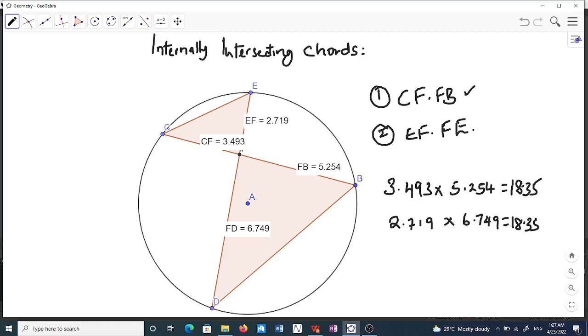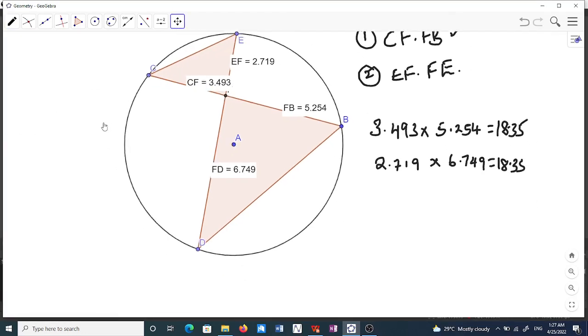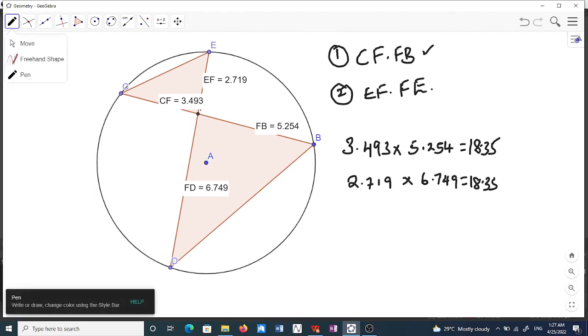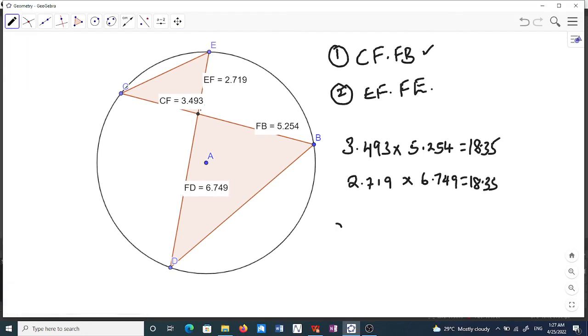Can we talk about this particular situation? What is the relationship then? The relationship here is very simple. We can just say that CF times FB is equal to EF times FD. You see? Very simple.